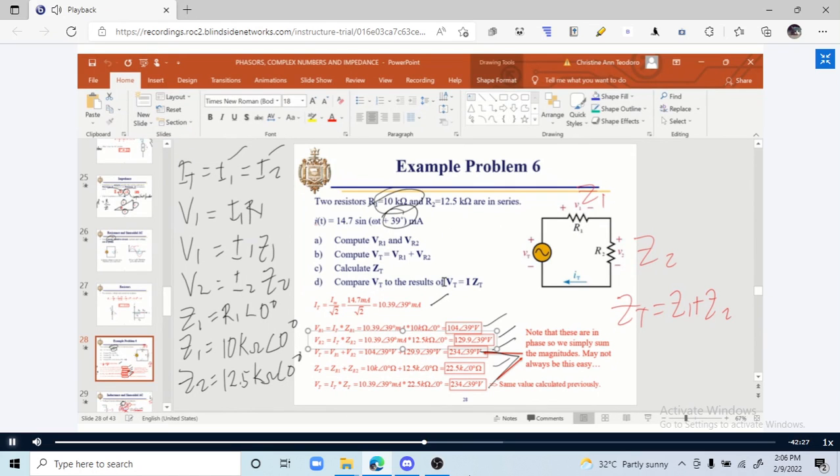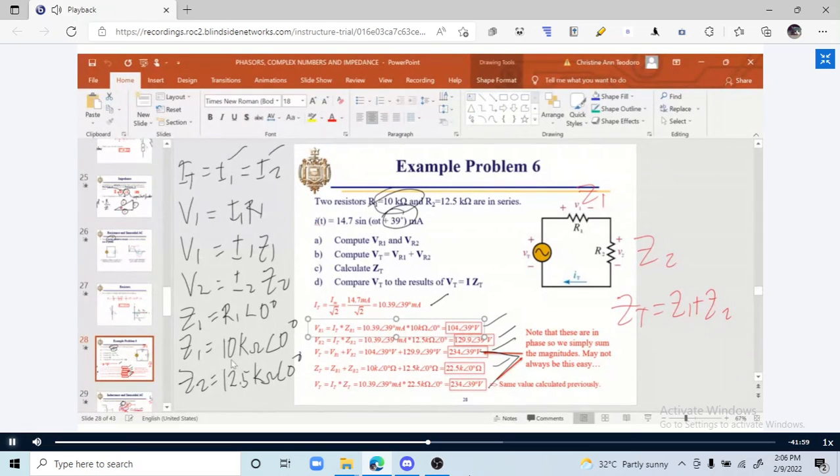Therefore, the current passing through R1 and the current passing through R2 is equal to your total current. So in order to get VR1, you can use I1 multiplied by Z1, wherein our Z1 is actually equal to your R1 angle theta.